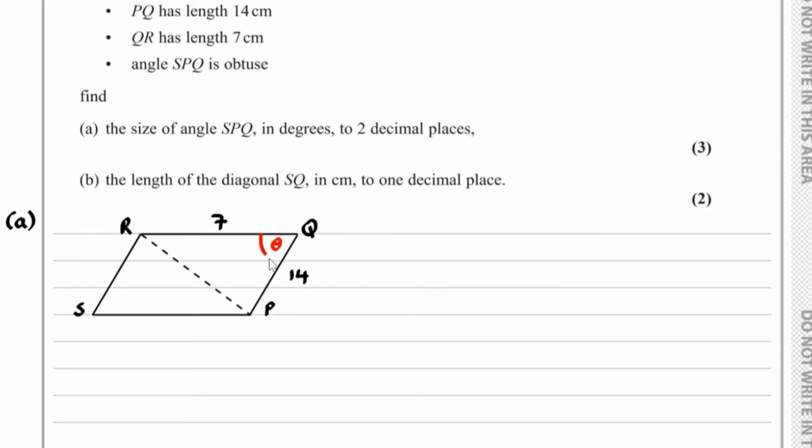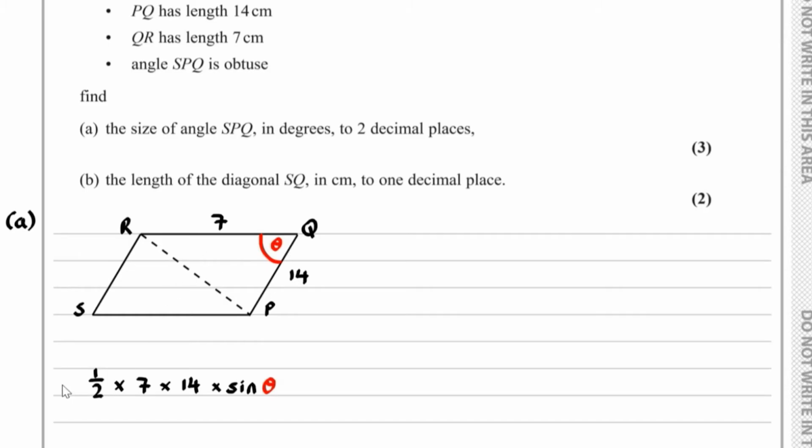We'll call it theta for now. How can we do that? Well, to find out the area of one of these triangles, that's 1/2 times by 7 times by 14 times by the sine of theta.